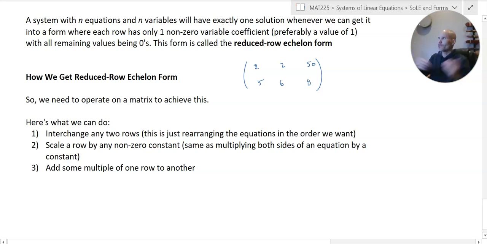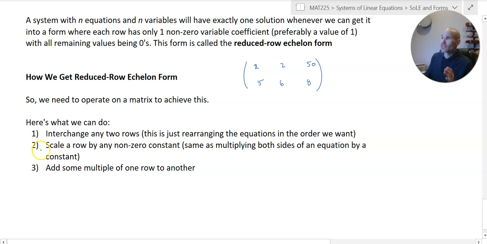So whether I say 2x plus 2y equals 50, and then 5x plus 6y equals 8, that's the same thing as saying 5x plus 6y equals 8, and 2x plus 2y equals 50, is it not? They're the same equations, I've just said them in a different order. They still have the same solution. Sometimes it's helpful to swap equations, like let's say you already had a 1 down here. Well, it'd be convenient to have that 1 up in the top left. So that's an operation that we can do.